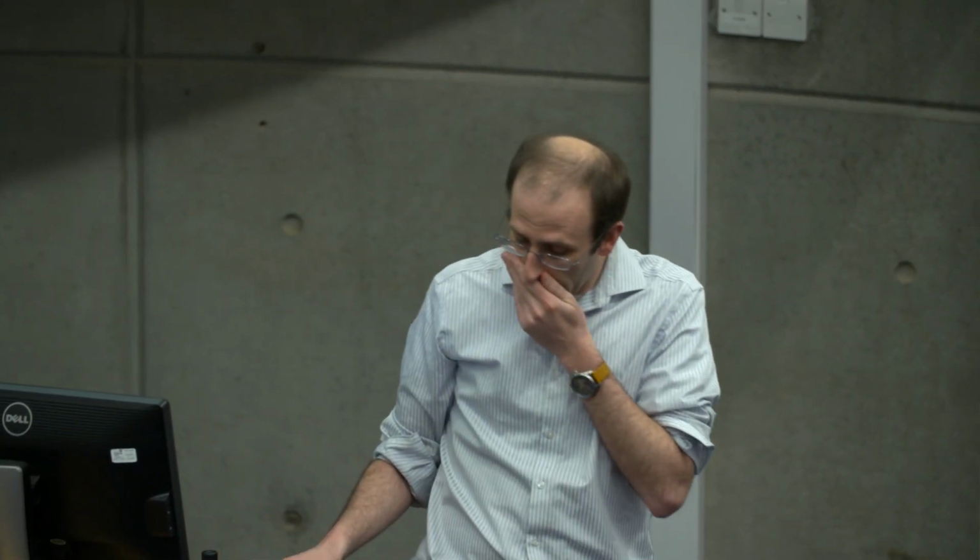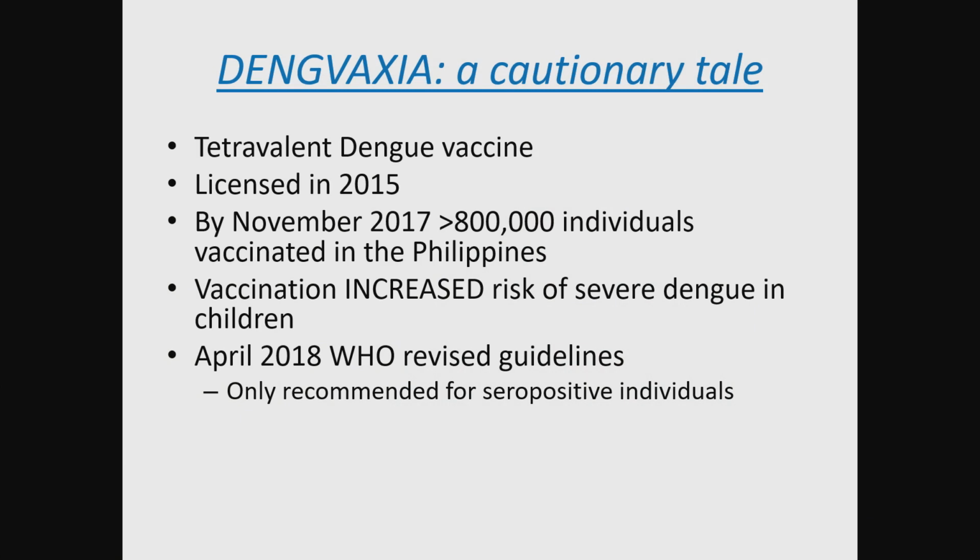So Dengvaxia was the first vaccine that completed phase 3 clinical trials, and this vaccine was licensed in 2015. Several countries began vaccination campaigns, particularly the Philippines, where they had a really large vaccine campaign targeted towards children.